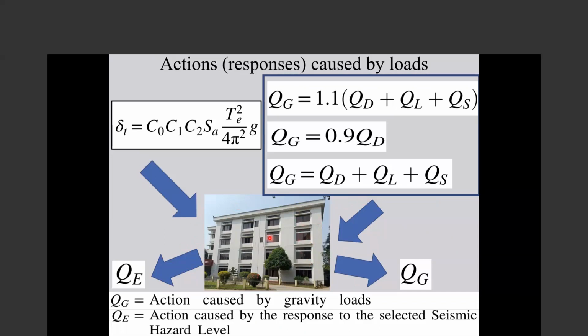Lots of force control and deformation control parameters in the beams and columns. If one of the force control parameters reaches the lower bound strength, again we see that the building failed.